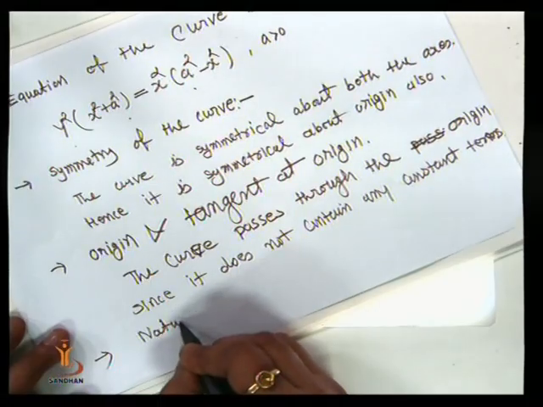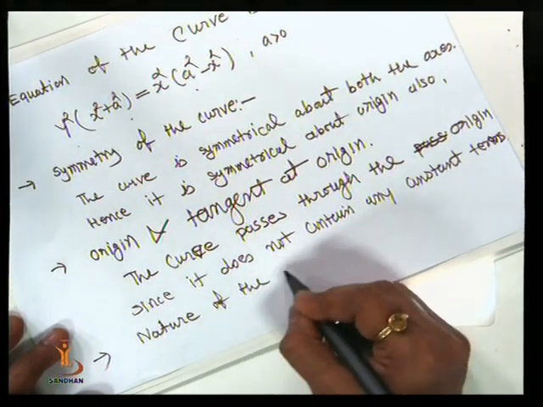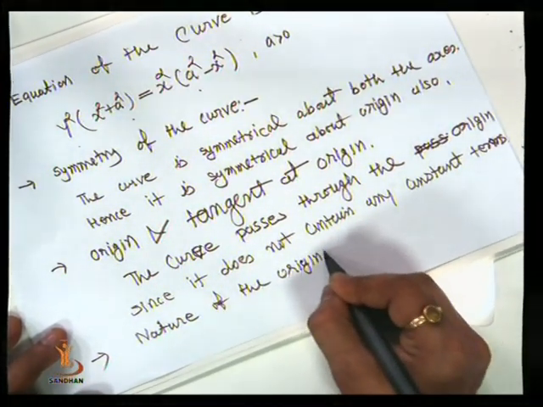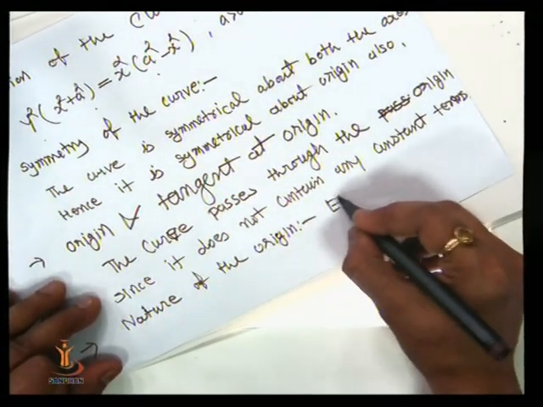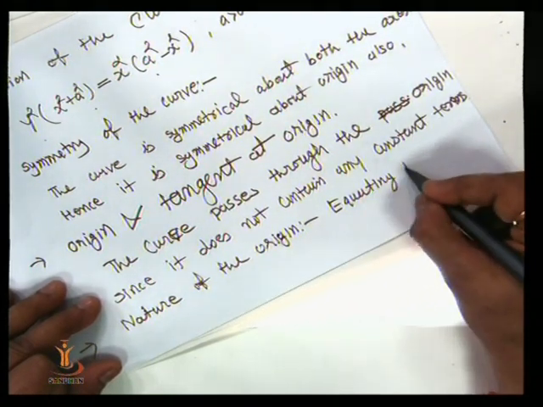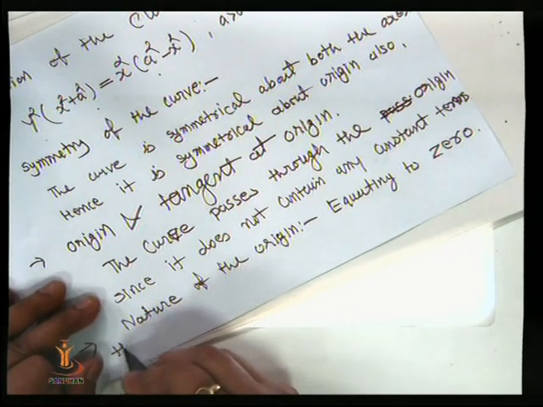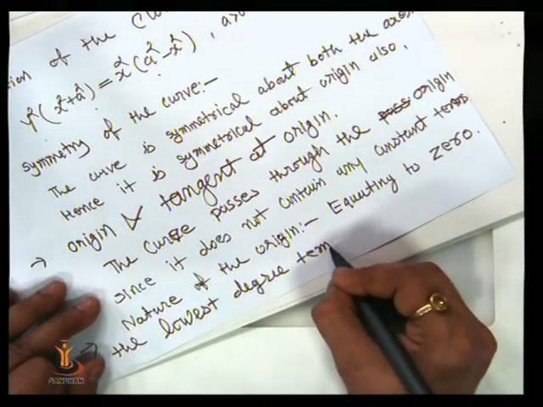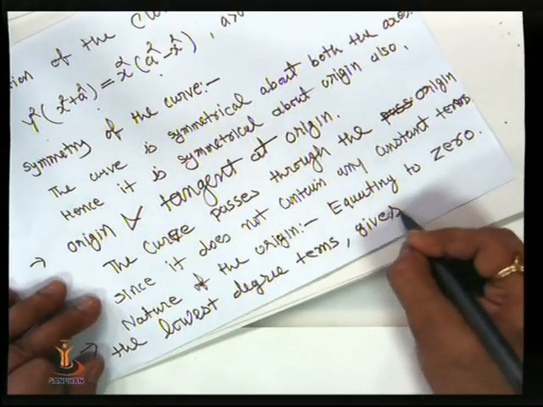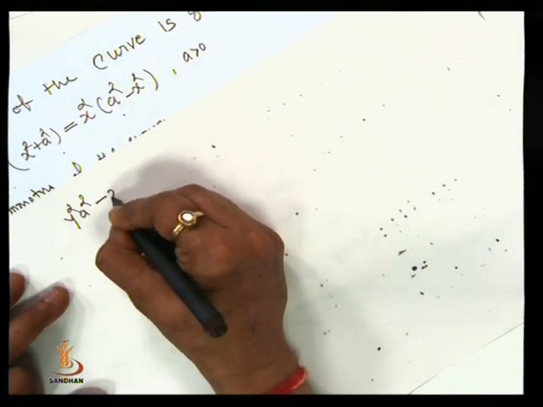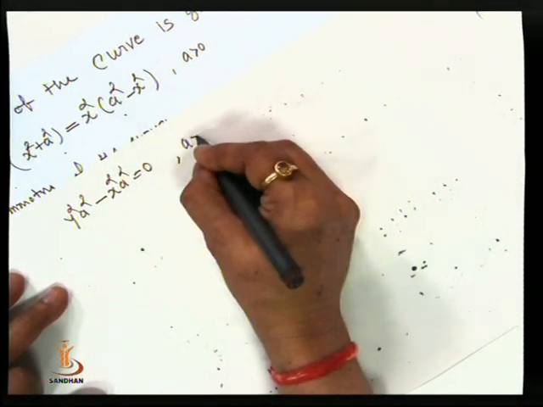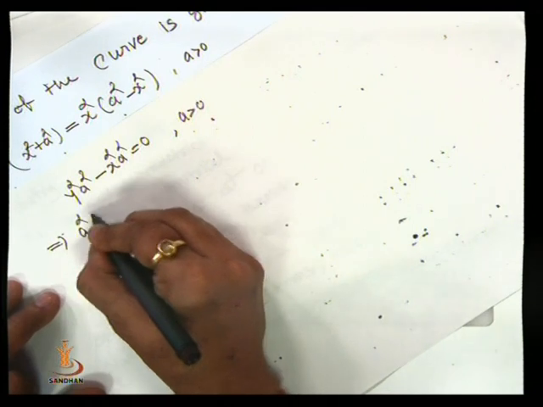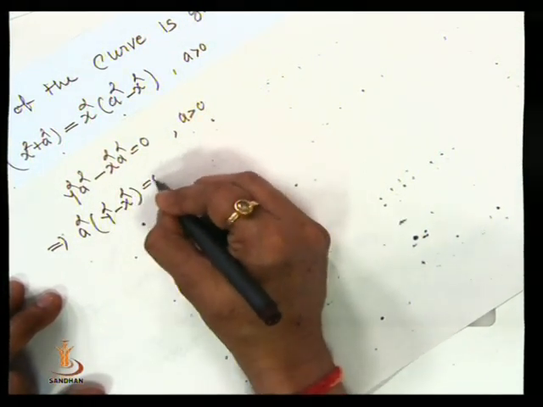Equating to 0 gives a square into y square minus x square equals 0.